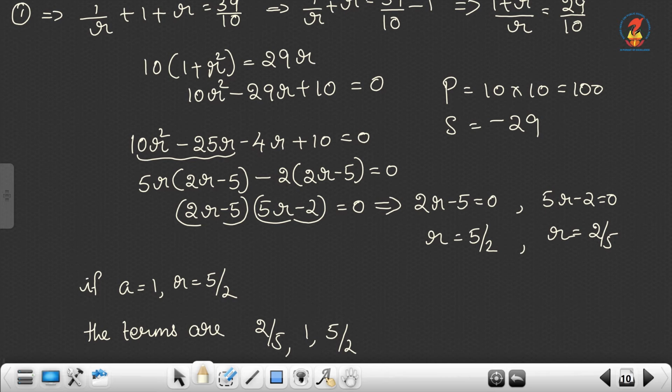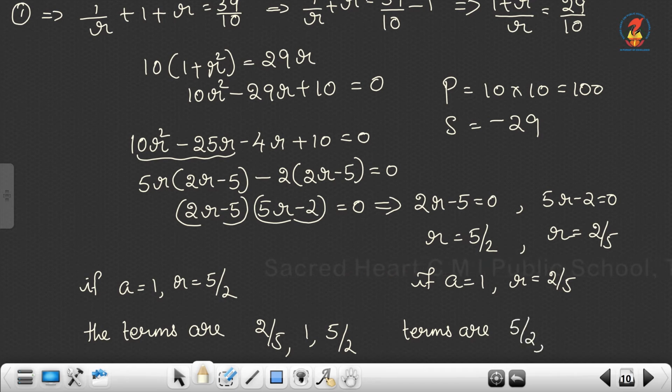So, this is one GP. The second GP is, if A is equal to 1 and R is equal to 2 by 5, then the terms are: first term is A by R, 1 by 2 by 5, that is 5 by 2. Middle term is A, then AR, that is 2 by 5. So, 2 GPs.